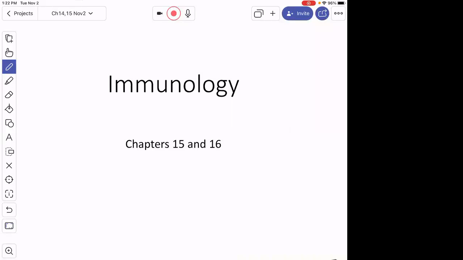All right, so chapter 15 and 16, immunology. This is kind of getting into material that's usually a little bit more conceptually difficult. A lot of you have had some exposure to innate immunology. That's what chapter 15 is. Chapter 16 is getting into adaptive immunology, which is usually a little bit newer territory.